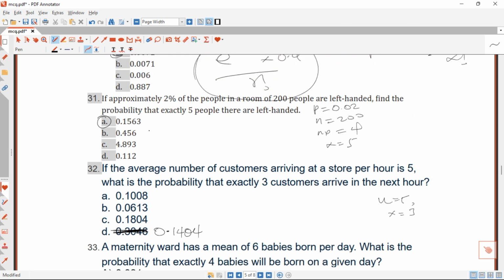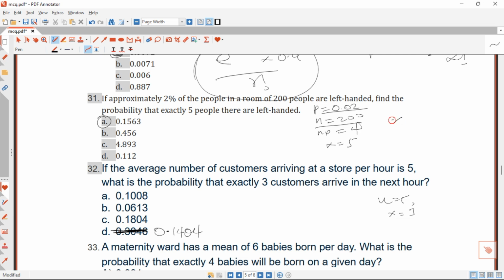Okay, yeah. So we have, as he said, if approximately 2% of the people in a room of 200 people are left-handed, find the probability that exactly 5 people are left-handed, right? So here we have been given our p to be 0.02, and then our n is given as 200, right?